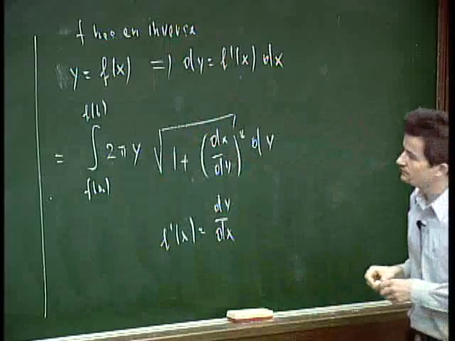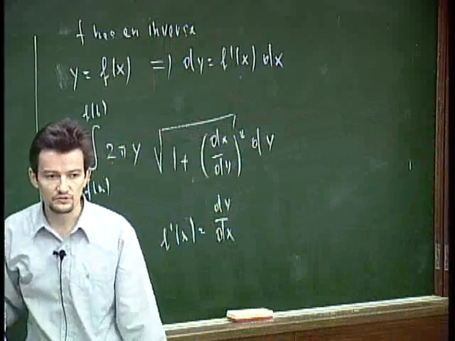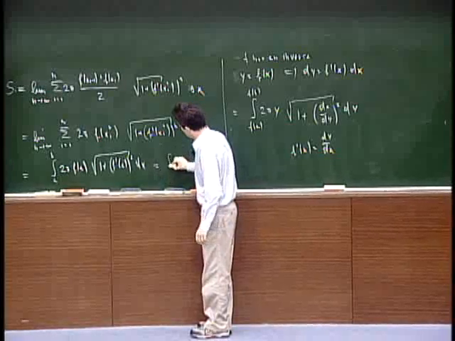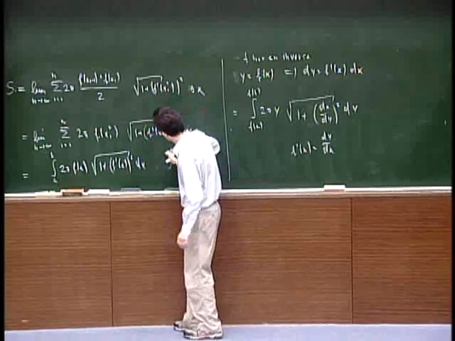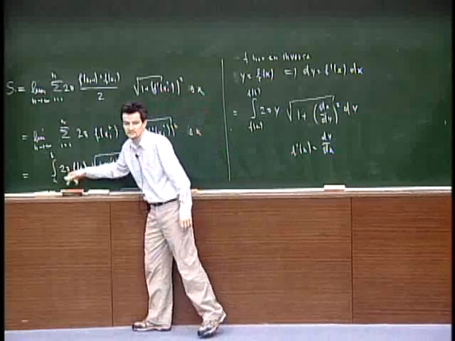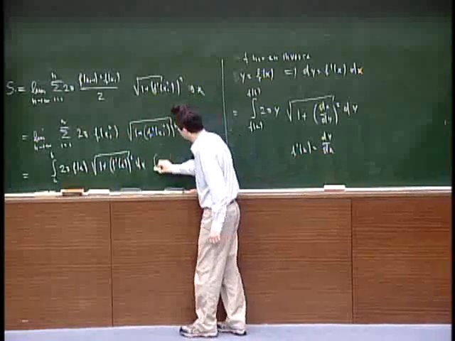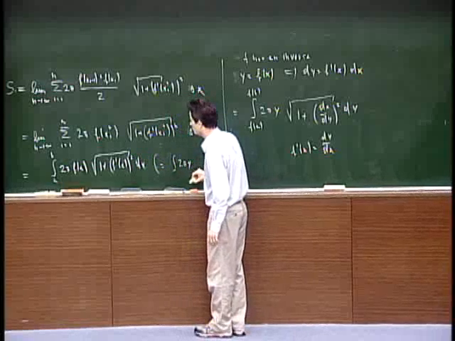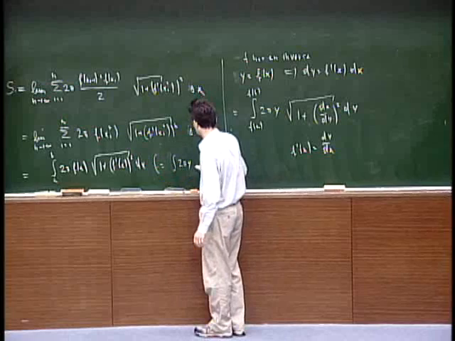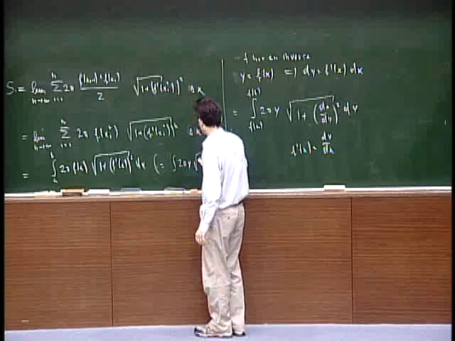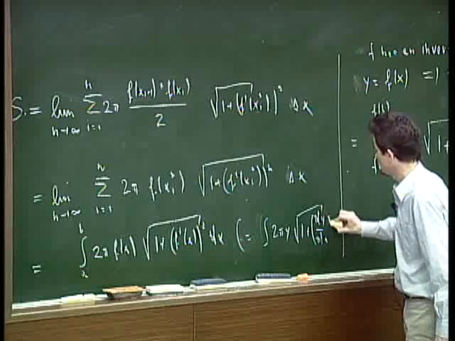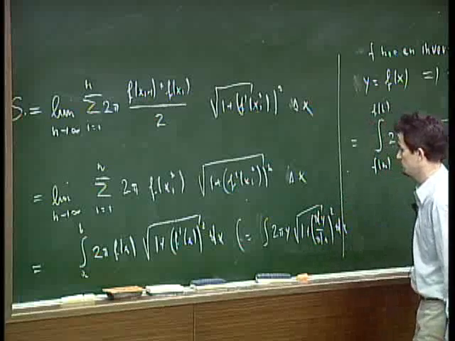Now, if we do not write the limits, then the formula becomes the integral of 2 times pi times y, and then you have here square root of 1 plus dy over dx squared, dx.